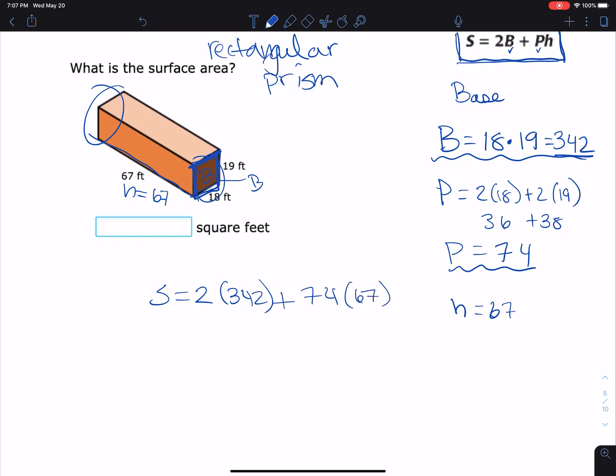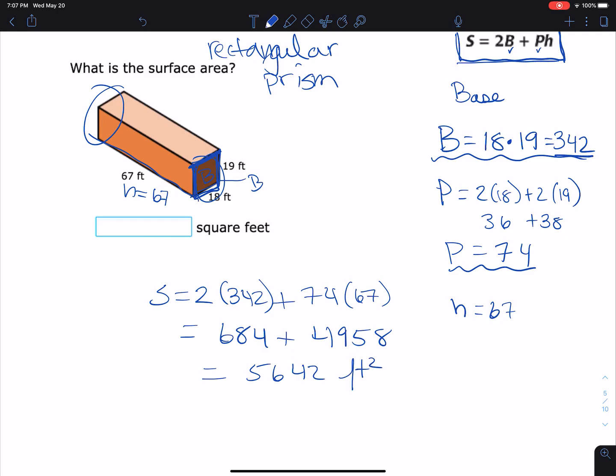So I'm going to go ahead and drop this into my calculator. So 2 times 342, that's 684, and then 74 times 67 is pretty big, 4958, and then I just add them together. So 4958 plus 684, and that gives me 5,642.